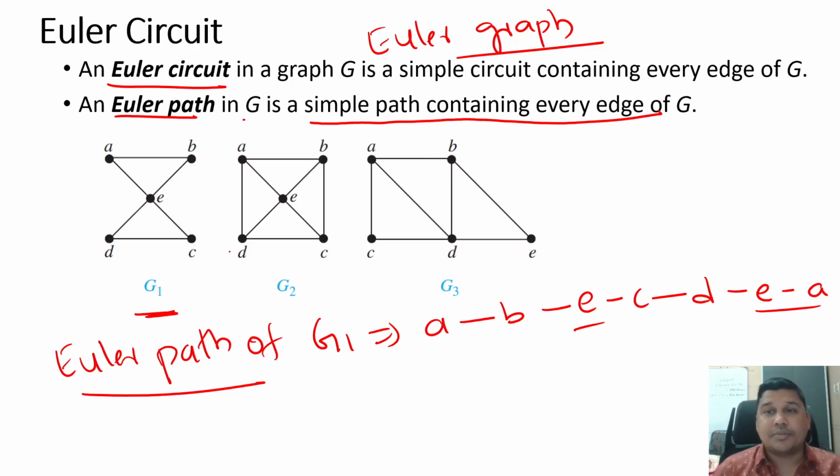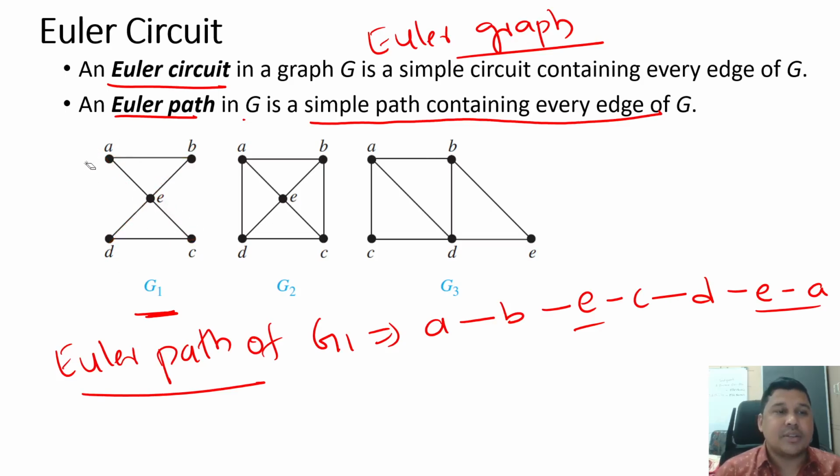Euler circuit means, if you start at a point A, any random vertex, and there exists a Euler path, meaning I am able to traverse all the edges, such that I reach back to the same vertex where I started, then that graph has Euler circuit.